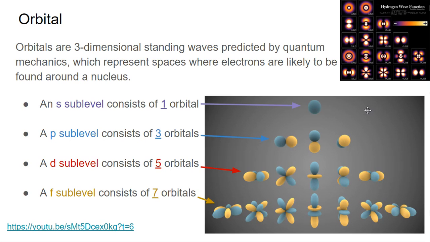If each orbital holds up to 2 electrons, that means a P sublevel holds up to 6 electrons. A D sublevel consists of 5 orbitals, 1, 2, 3, 4, 5, and a D sublevel holds up to 10 electrons. The F sublevel consists of 7 orbitals, and if each one holds 2 electrons, that means an F sublevel can hold up to 14 electrons.